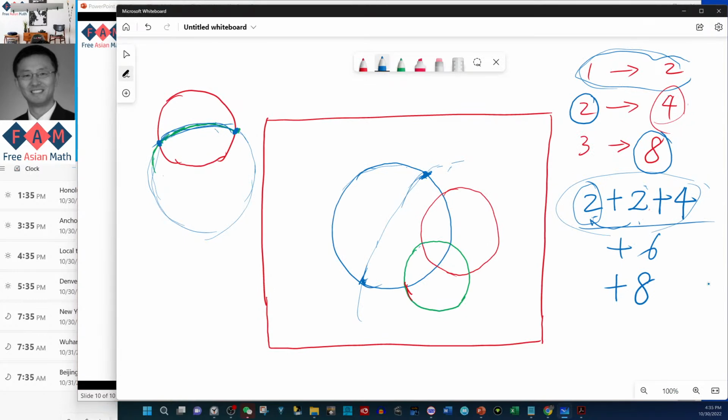This is 8 plus 6 plus 8. That's 22. You can add 22 regions with 5 circles. Okay? This is a difficult counting problem, but fundamentally, we're still constructing what we need to have at the end by adding circles and circles.